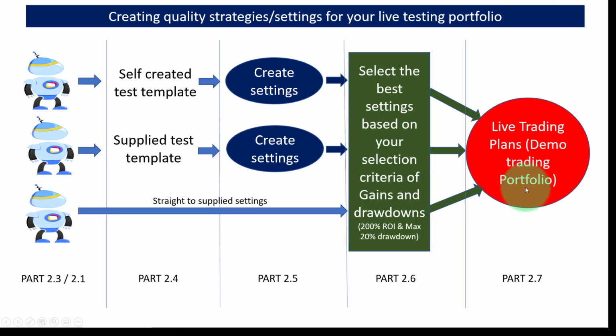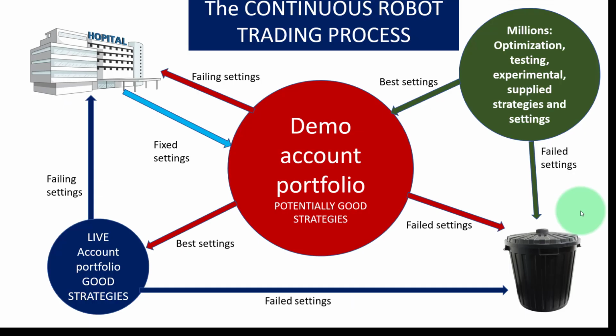Okay, so that's the first process. You do quite a bit of work to decide which settings you're going to be putting forward to your live trading plan. Now we get into the next process, and where we've come from is this green block here. We've optimized and tested and found hundreds of settings. Most of them have gone into the bin.